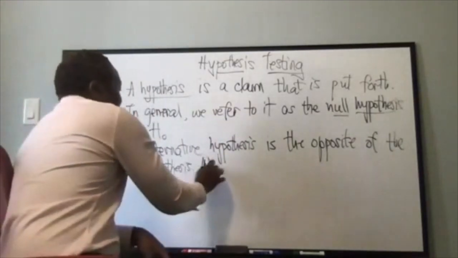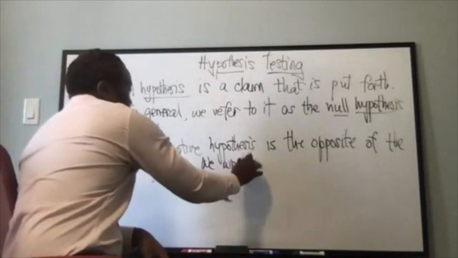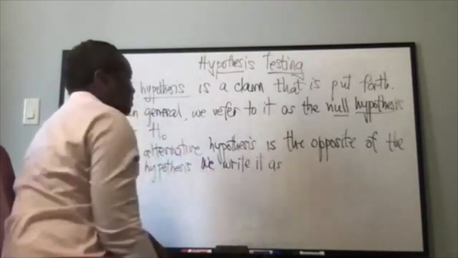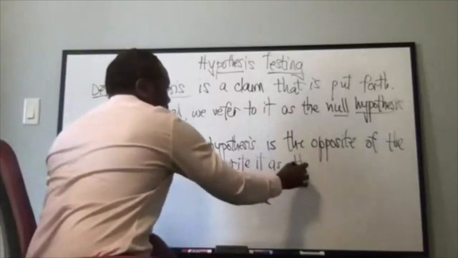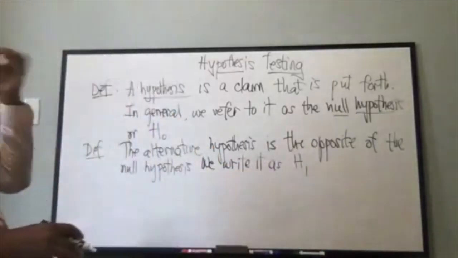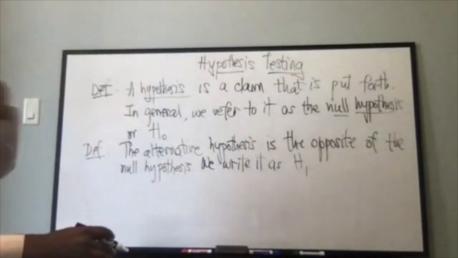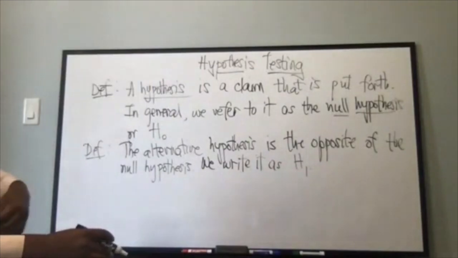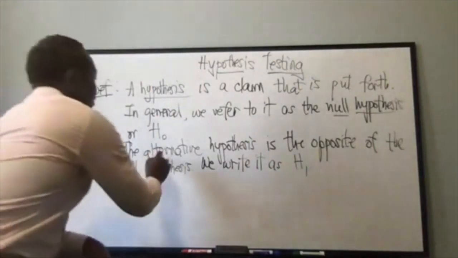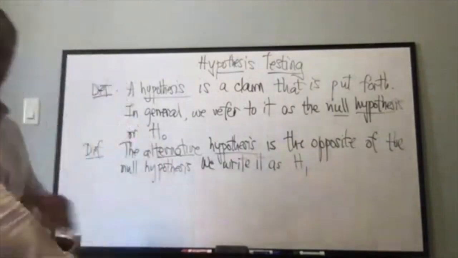Let's write it as H sub 1. That's H there and then a little 1 on the bottom. So I'm going to say alternative hypothesis. All right.